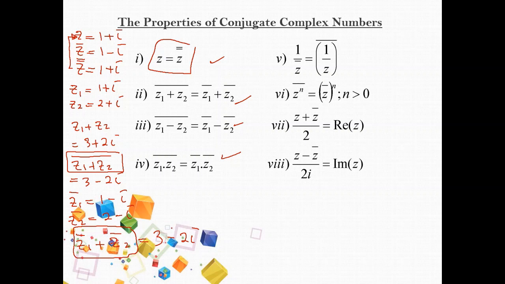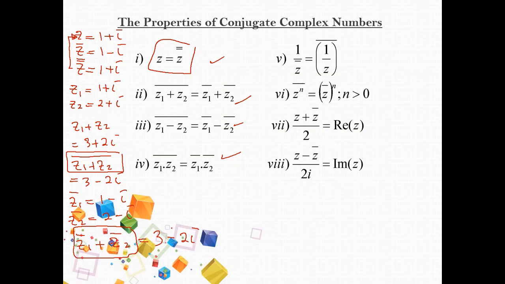So 1 over the conjugate of z is equivalent to finding the division first, 1 over z, and then finding the conjugate later.